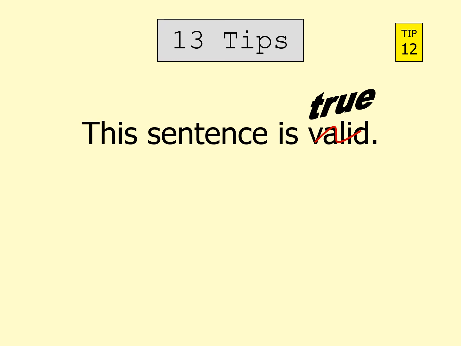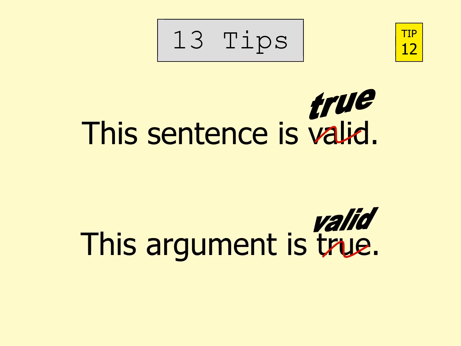If you mention a particular sentence in your essay, only talk about truth or falsity, or probable truth or falsity. Do not say that the sentence is valid or invalid. Use the term valid and invalid only if you mention a particular argument in your essay.